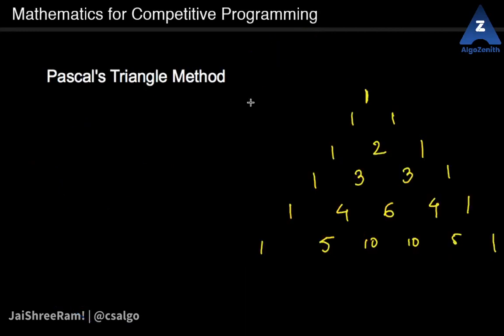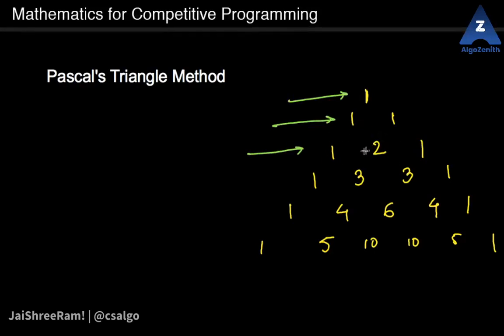Now there is another method called Pascal's triangle method. This is nothing but using the relation that is defined in the n choose r triangle. Okay, so this Pascal's triangle is a row-wise n choose k put together.